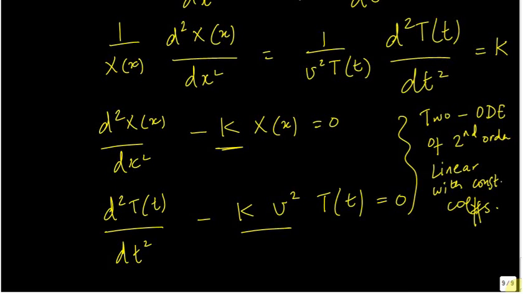So all I need to see is what could be the value of this capital K. If I think of everything, then this capital K could be 0, it could be less than 0, it could be greater than 0. So let's just take one of these equations.